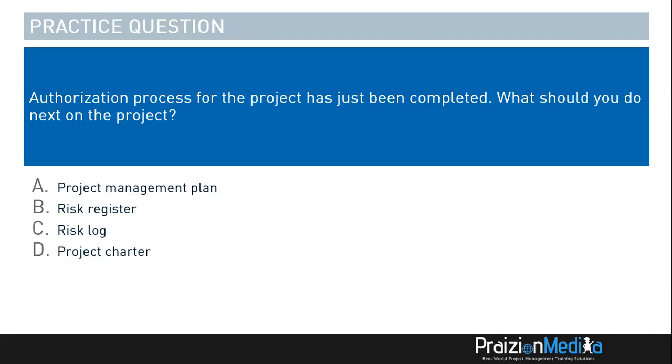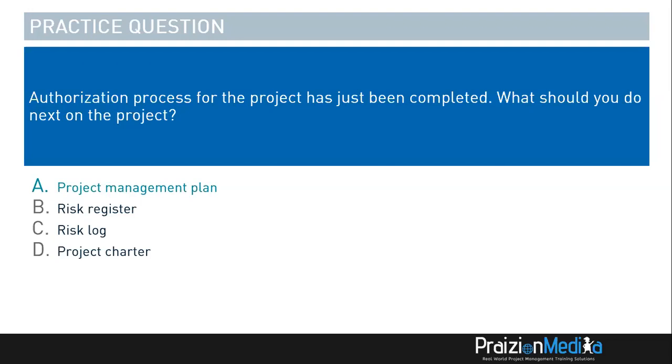The answer to this question, my friends, is none other than what you would do after initiating, because there's nothing else in initiating in the list. What would you do after initiating? You would plan. So the project management plan is what you would work on next.